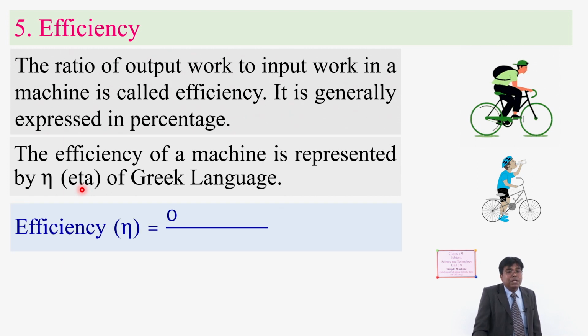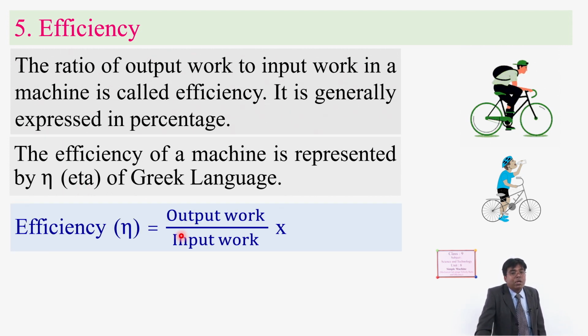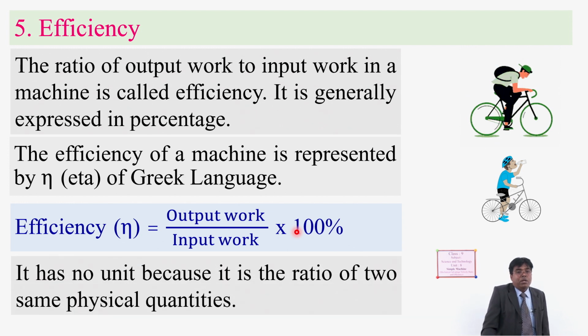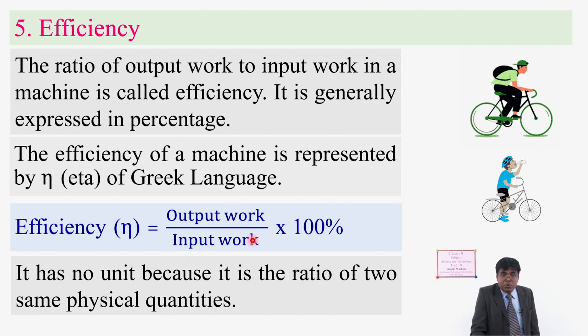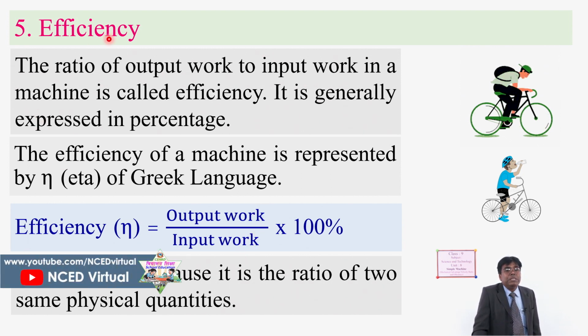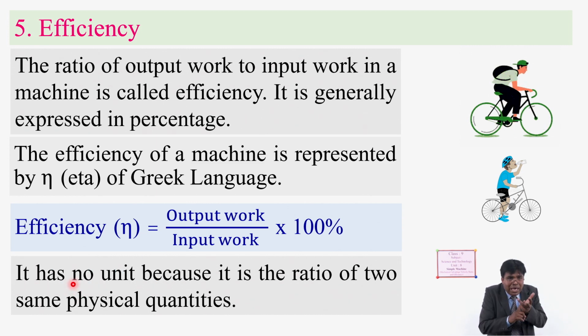Now efficiency, eta, is output work upon input work, and as it is expressed in percentage, 100 is written here. Obviously output work, the unit is joule, input work, the unit is joule. So the units cancel each other, and that's why efficiency again has no unit. So MA has no unit, VR has no unit, efficiency has no unit.